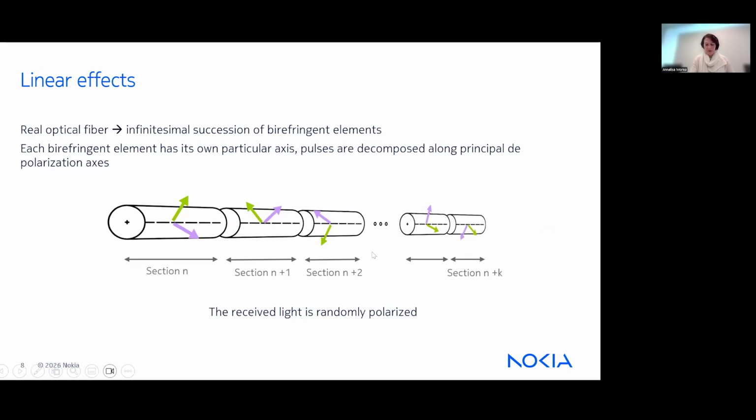Then the optical fiber also has a shape that is not completely round, circular, and this also has an impact on the polarization state of the light. So in the end, the state of polarization received at the end point of a fiber is completely decorrelated from the polarization just after the transmitter.